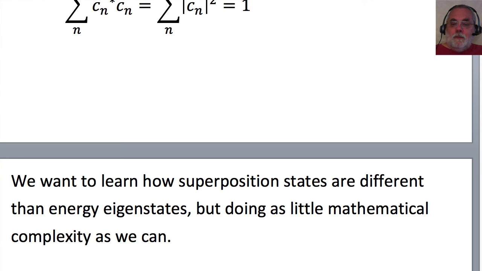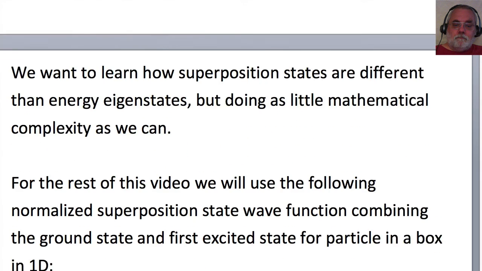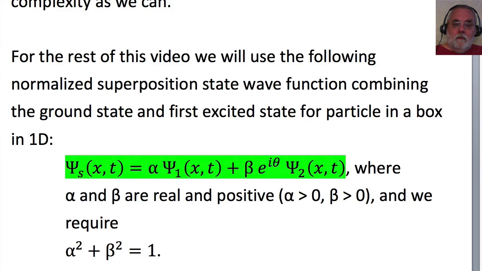We want to learn how superposition states are different than energy eigenstates, but we want to do as little math complexity as we can get away with. For the rest of this video, we're going to use the following simple normalized superposition state wave function, combining the ground state, psi sub 1, and first excited state, psi sub 2, for a particle in a box in one dimension.